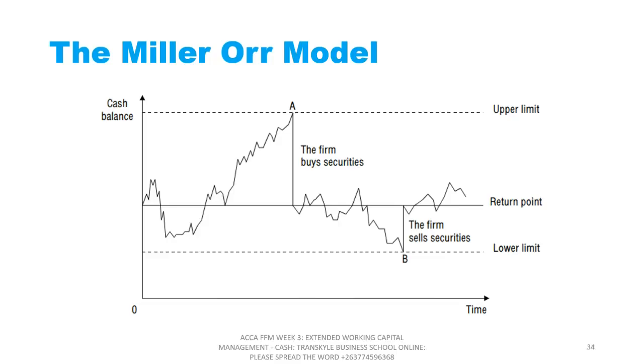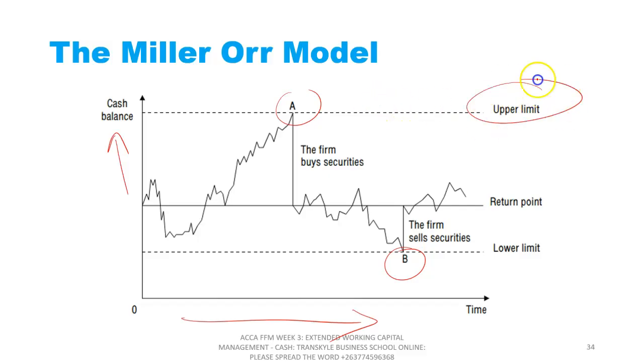So the y-axis is showing us the cash balance, whereas this is the time. We're having this point A, point B. The point A is actually the upper limit, as you are seeing there, and point B is the lower limit, right? This graph here is the movement of cash.